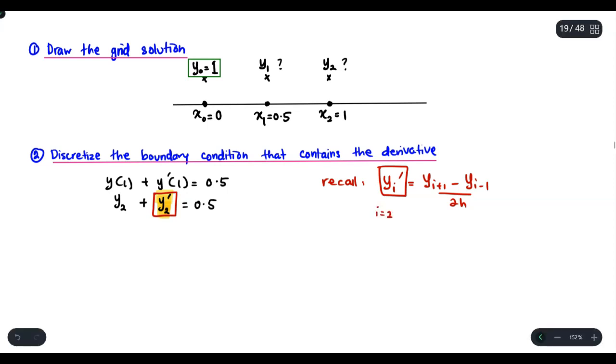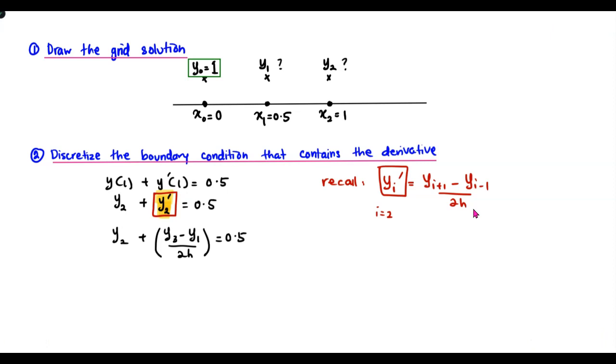So y2 prime will be replaced with the finite difference formula. On the left side you keep y2, and at the right hand side you have (y3 minus y1) over 2h equals 0.5.